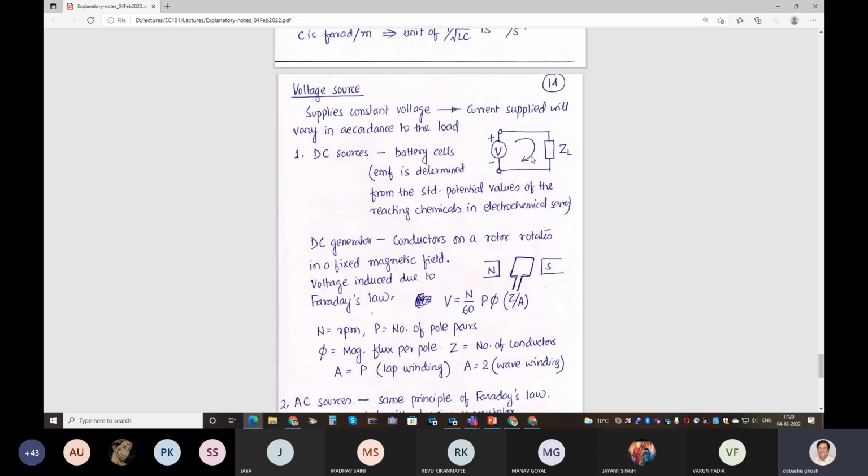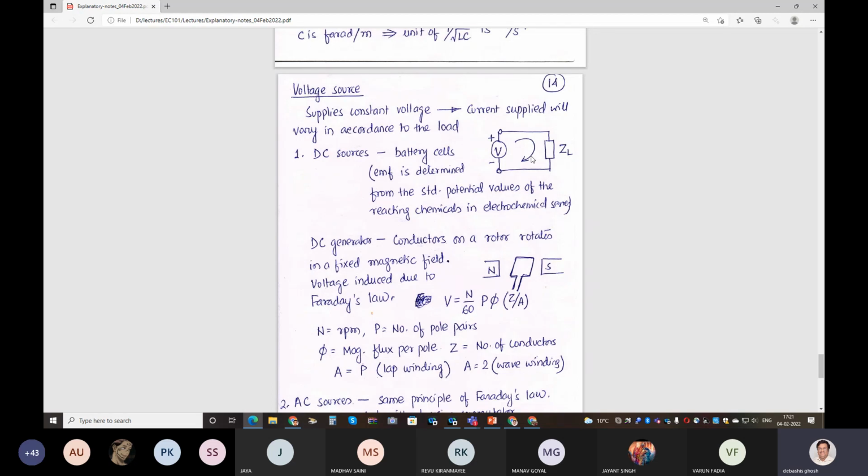So now you can calculate. Your I square R is equal to 1000. That means V square by R is equal to 1000. V, you know, it is 230 volt. So you can calculate your R from there.